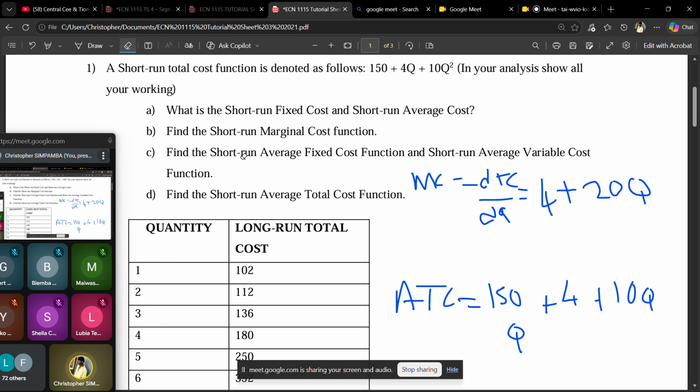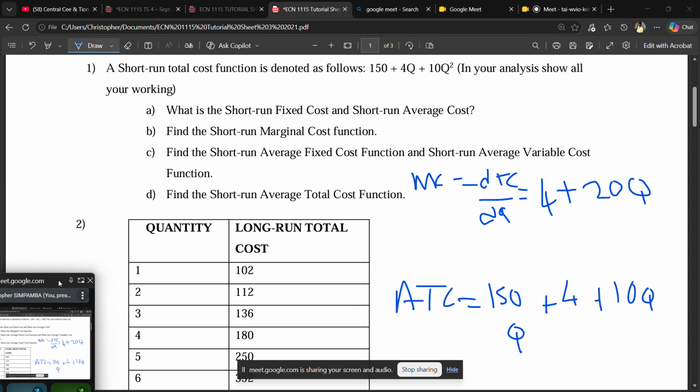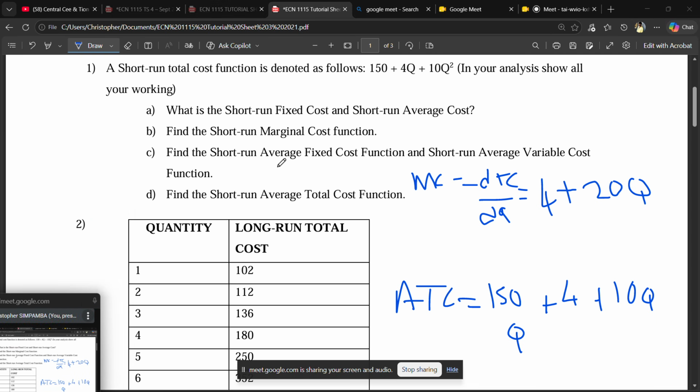Right, so Gilbert, we're basically differentiating this normal function to find the marginal cost. So these are the answers for those questions. Question C was asking us to find the short run average fixed cost function.